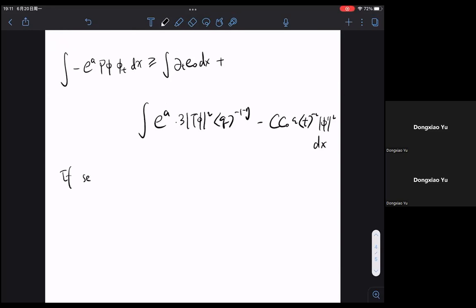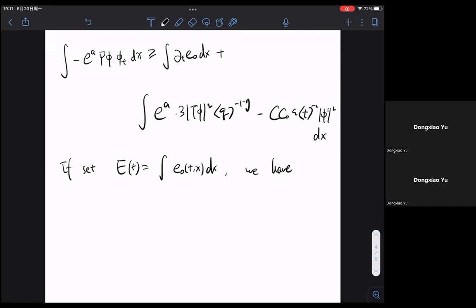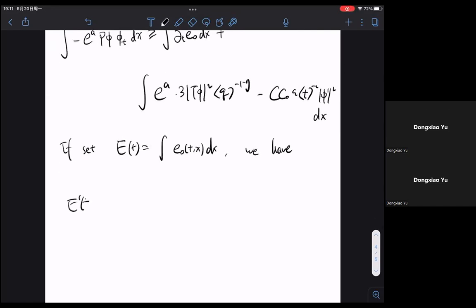If I set capital E of t equals the integral of E0 at t, x dx, this is what I have done before. We have E prime of t, the time derivative of E, is less than or equal to the integral of e to the a's power p phi times phi prime, plus this is a negative term.